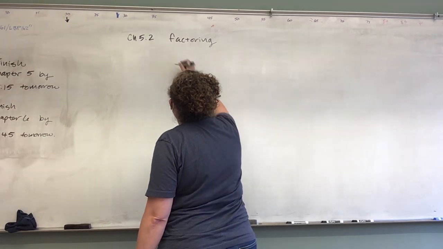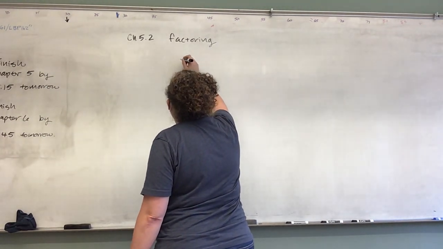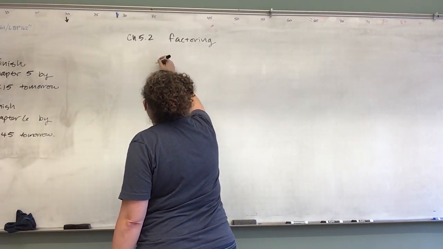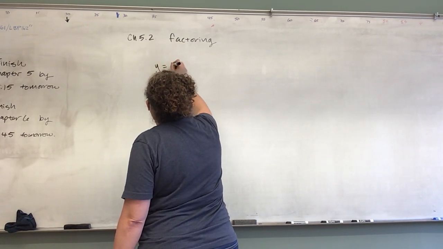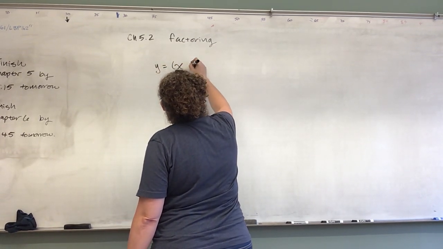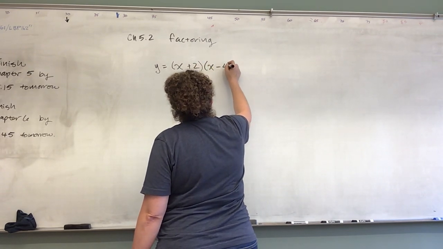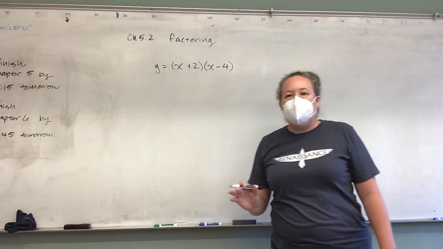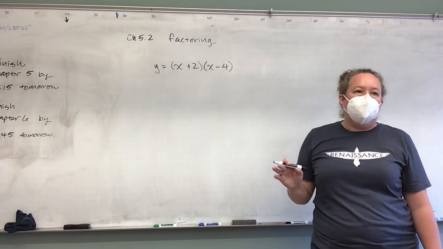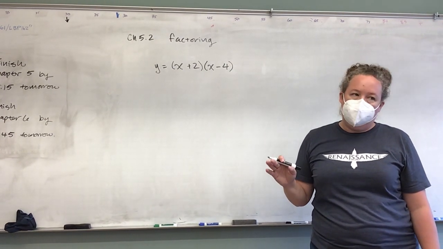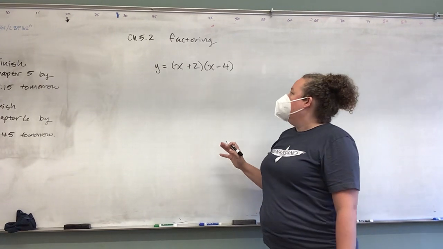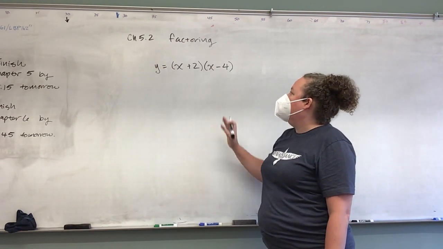So let's go ahead and start out by reviewing the opposite of factoring, which is FOILing. So let's quickly go through this together.